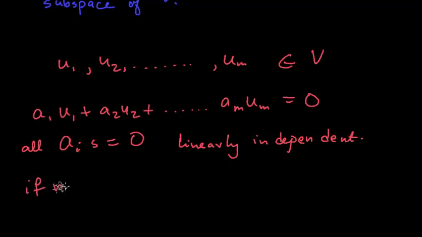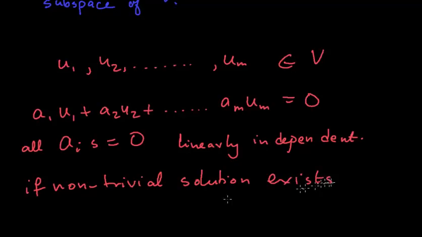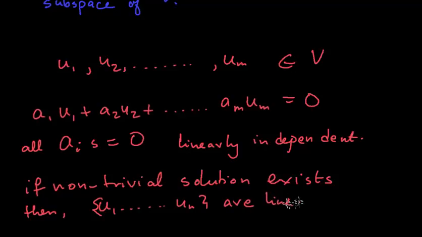If all the a's are 0, we call that the trivial solution. If a non-trivial solution to this exists, then these vectors are linearly dependent.